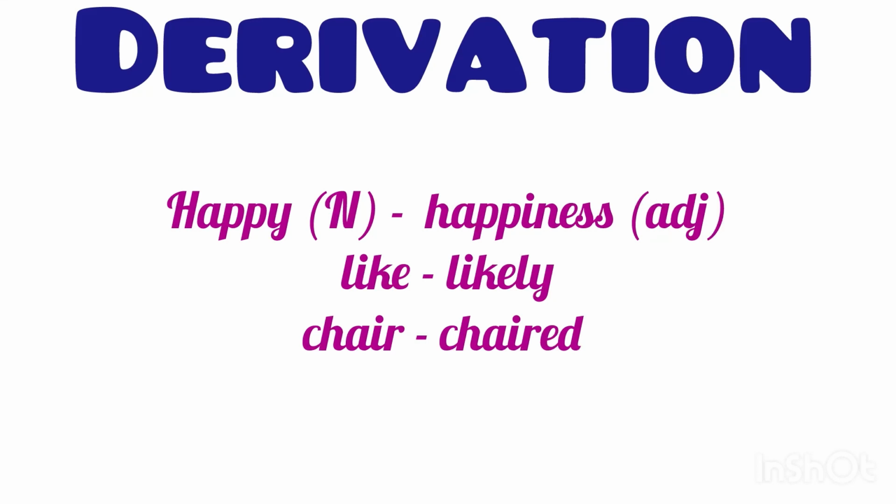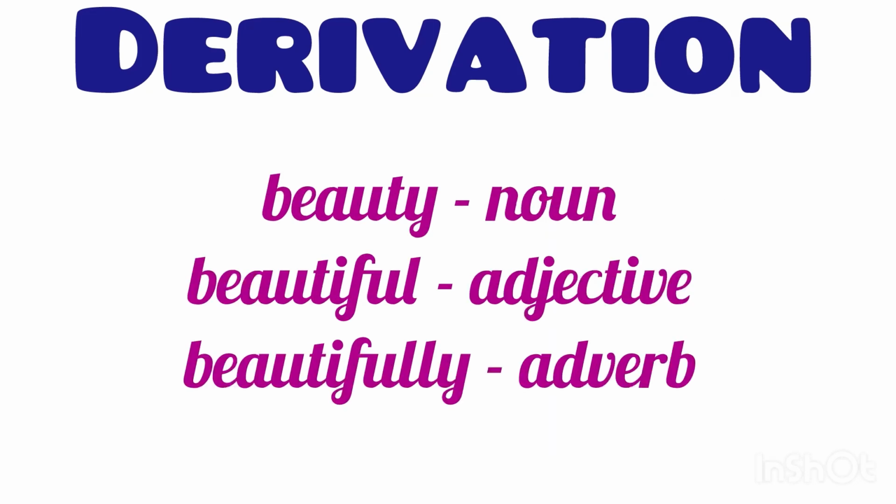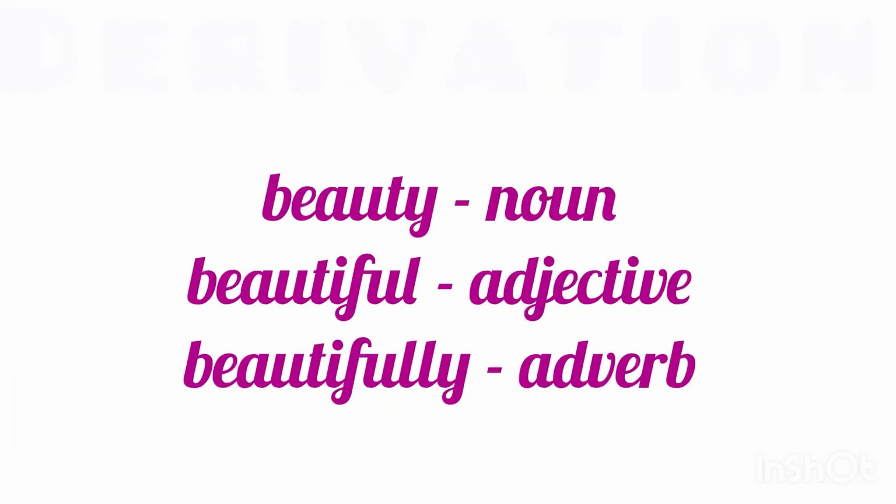Chair, chaired. Here the noun becomes the verb. Now the most common example is beauty. Beauty is a noun. If we add beautiful, it will become the adjective. And if we add beautifully, it will become the adverb. Now this is derivation. We just have to add a prefix or suffix to the word.